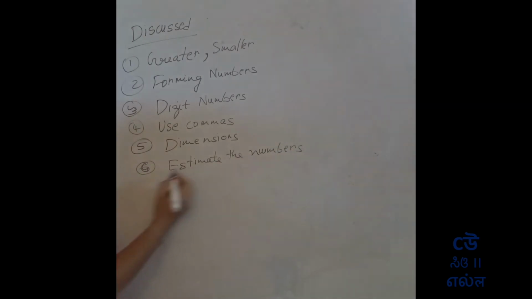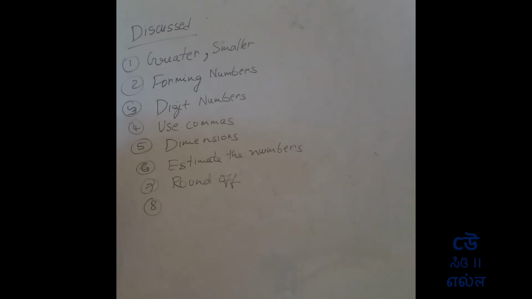Next, seventh, what did we learn? We learned how to round off the numbers. First we learned how to estimate the numbers, next we learned how to round off the numbers to the nearest tens, hundreds, thousands and 10,000.